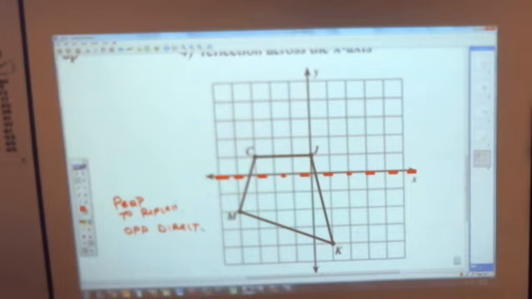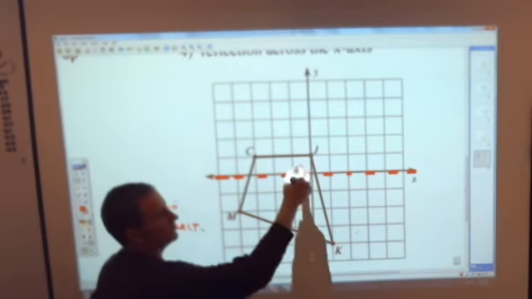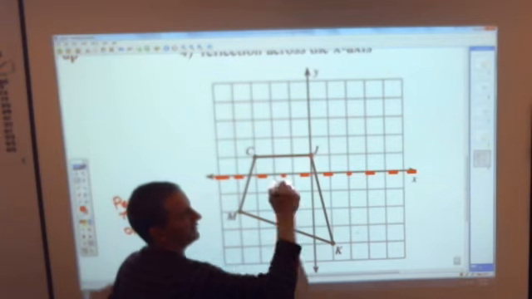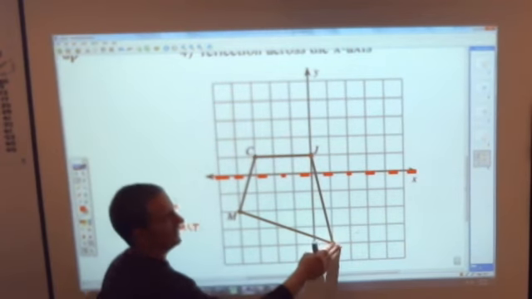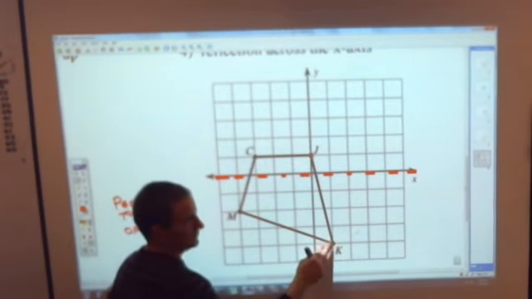All right, so here we go. This is what this means. If you're trying to find J prime, well, let's do K first. See this point here? Here's my reflection line. Point K is exactly 1, 2, 3, 4 units away from my reflection line.